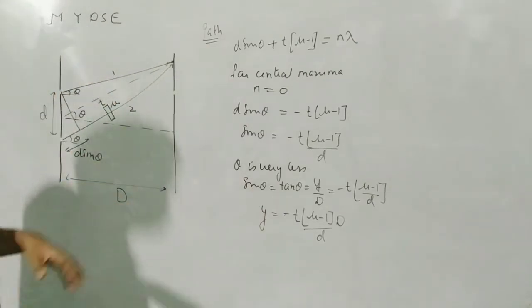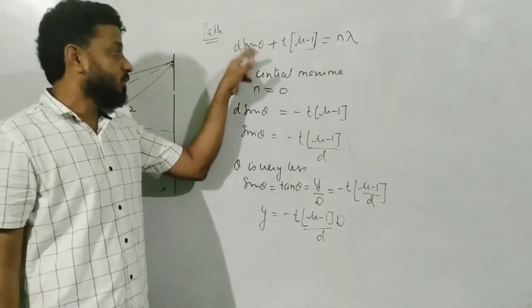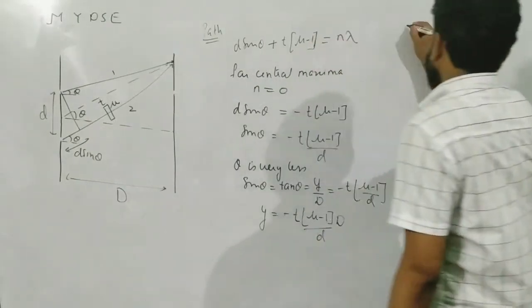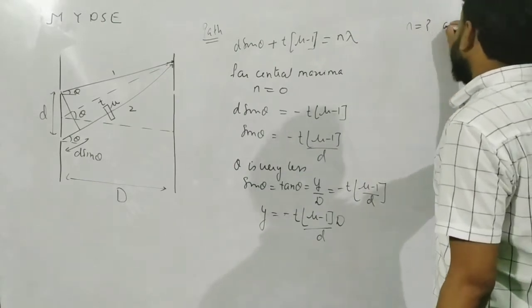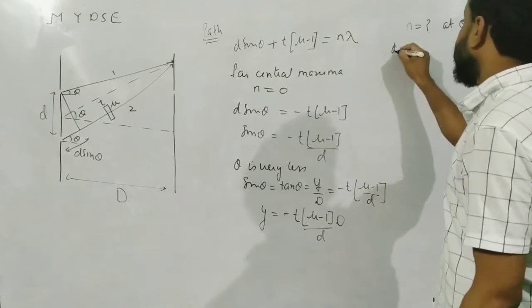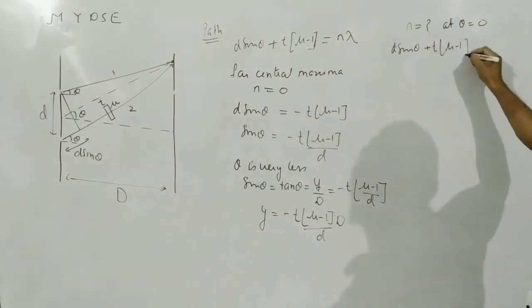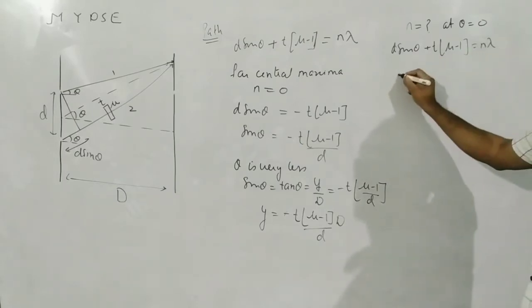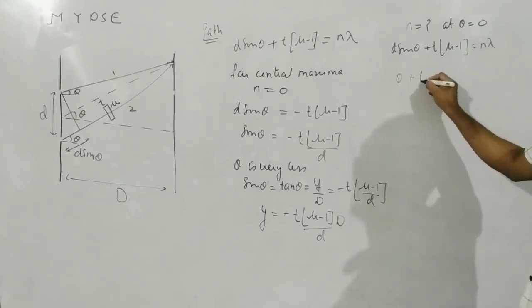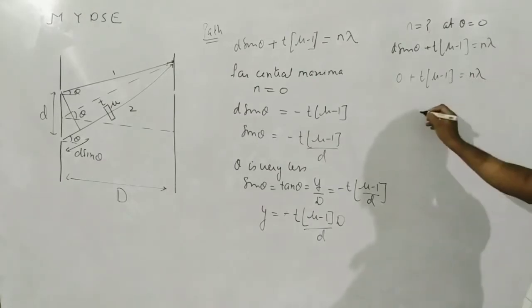And then if they ask you who is at the center of the screen, you have to put theta equal to 0. So for the value of n at theta equal to 0, I'll write the formula first: d sin theta equals n lambda, and then we'll write this as 0 plus t(mu minus 1) equal to n times lambda.